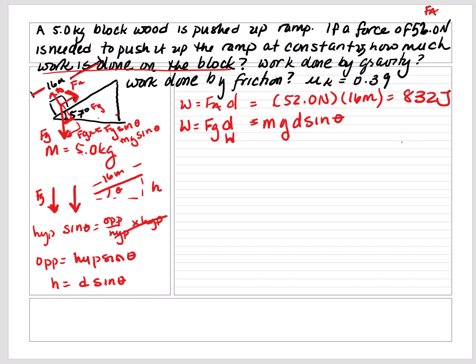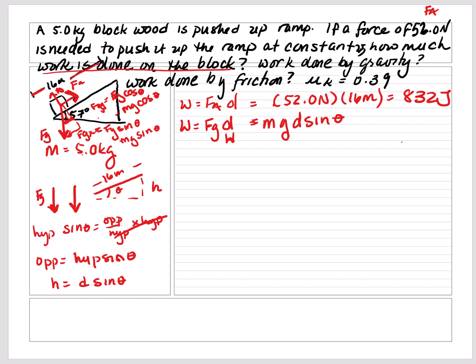Fy is next to, so it's going to be Fg cosine theta. So this is mg cosine theta.